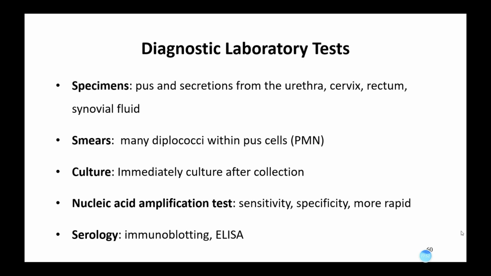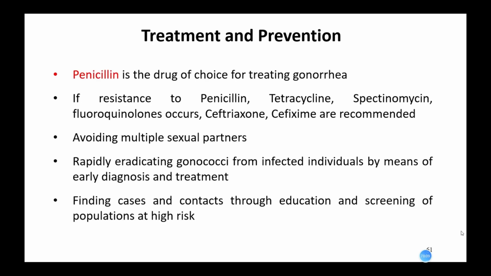And for culture, again, we need to culture the specimen immediately. They can also autolyse themselves. And you can also run other tests like a DNA test, nucleic acid test, or serological test. Keep that in mind. You don't have to know the detail.